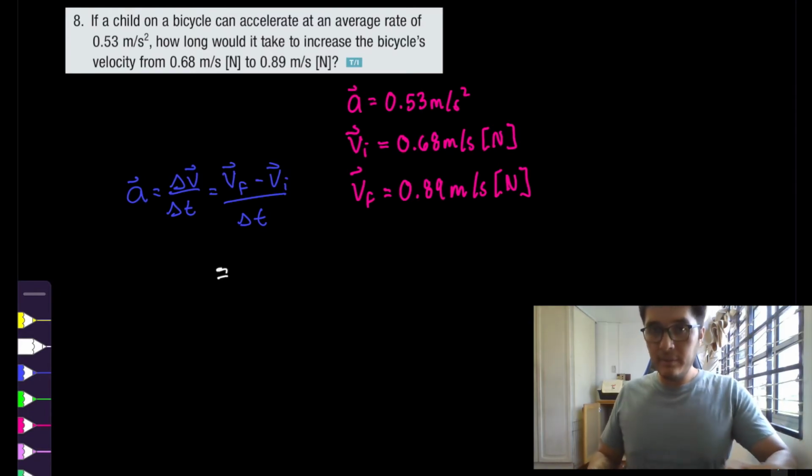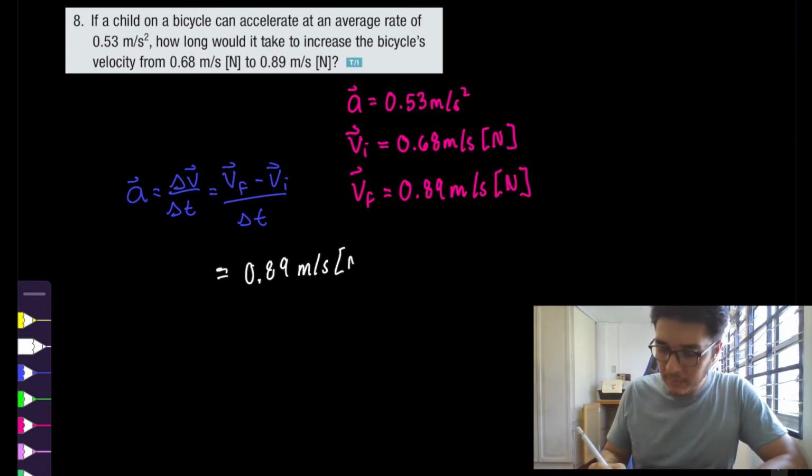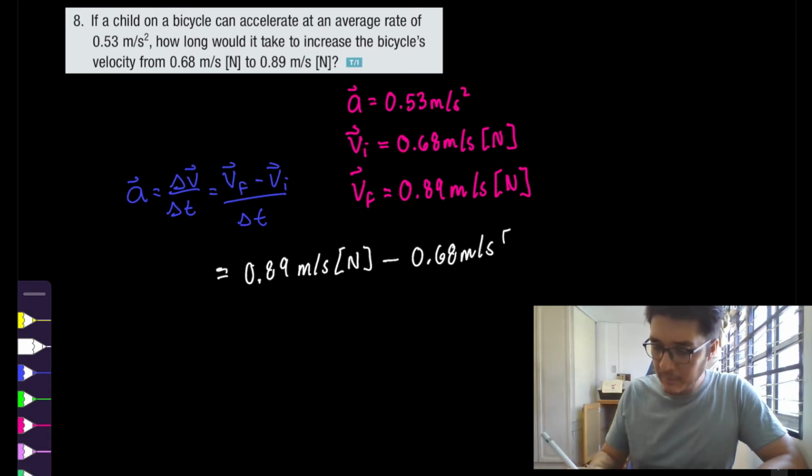Okay, final velocity 0.89 meters per second north minus 0.68 meters per second north. We don't have the change in time, so that's our unknown.